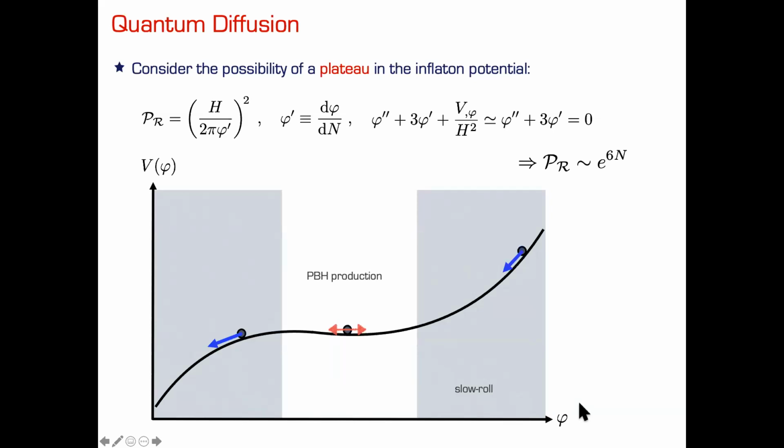And if you paid attention in kindergarten, you see that this is an exponential solution which you get, and when you plug this into the expression for the power spectrum, you will see a lot of power, really large fluctuations. Of course, this is not everything that is there. Once you have this situation, quantum fluctuations kick in. There are really strong quantum fluctuations that have to be treated in a special way.